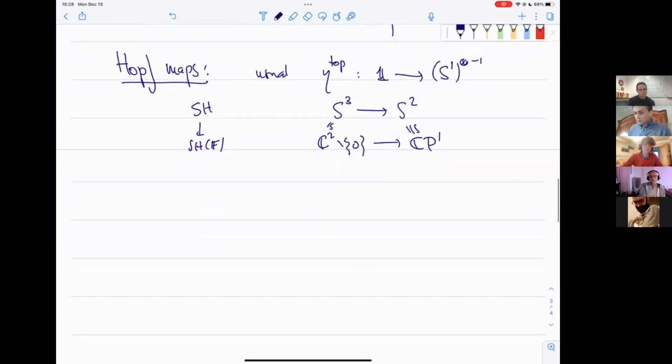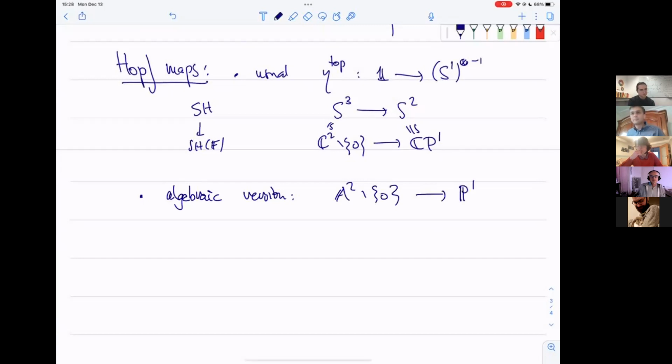So this exists in SH, but then also exists in SHF by taking constant. Okay, but then there is also an algebraic version of that, which does really, if you think about it, just the same thing. So you say, okay, if I was looking at C2 without 0, I'm really looking at A2 minus 0, so the affine plane without the origin. And there is a map of varieties to P1. And then you have to work a little bit to show, using the various things we have in our wish list, that this thing will be a suspension of actually a Gm square.